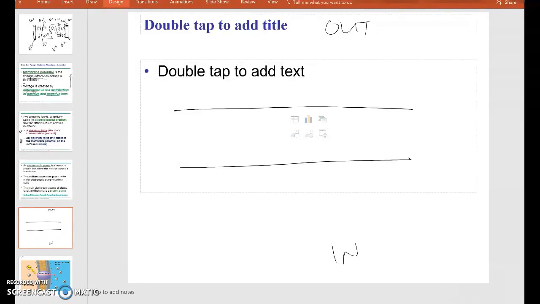And what we find is that we start to get a net negative charge on the inside, and a net positive charge on the outside. So if we look along the length of our cell at different stages, the inside's negative, the outside's positive.